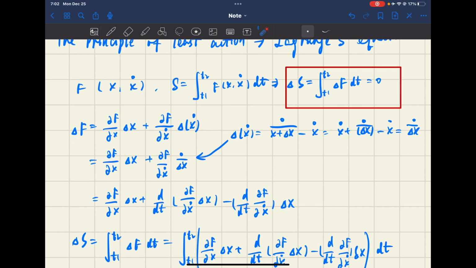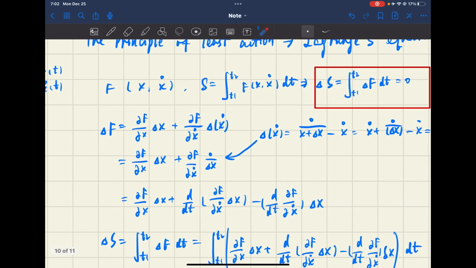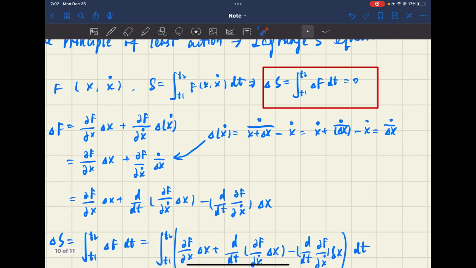If we want to get the expression for delta S, we need to get the expression for delta f first. Since f is related to both the coordinate x and the generalized velocity, delta f can be written as this, and we will write this term into this equation.